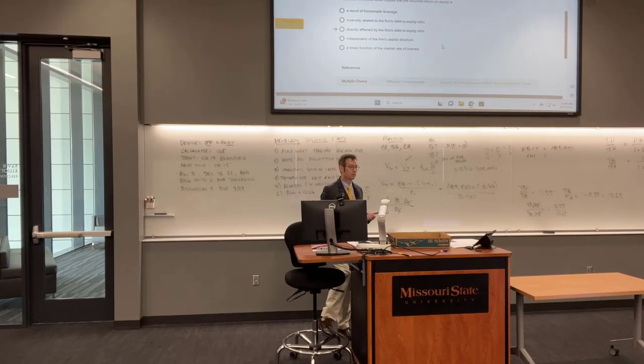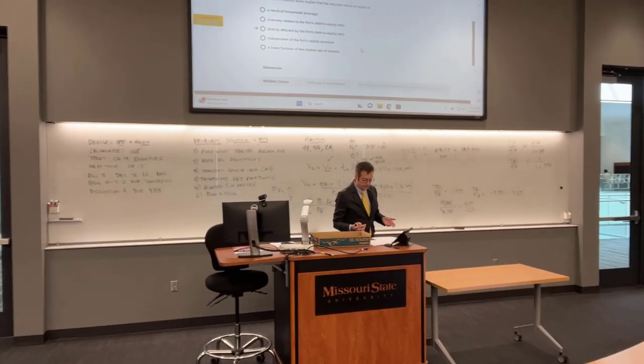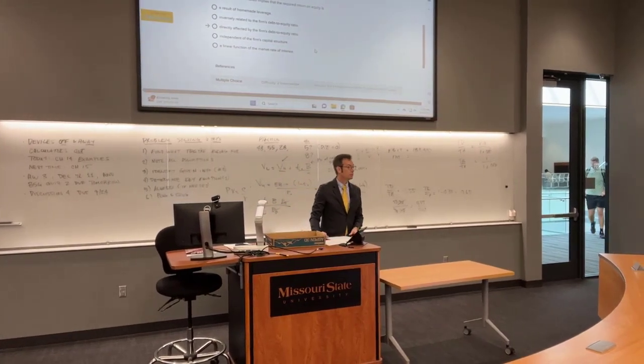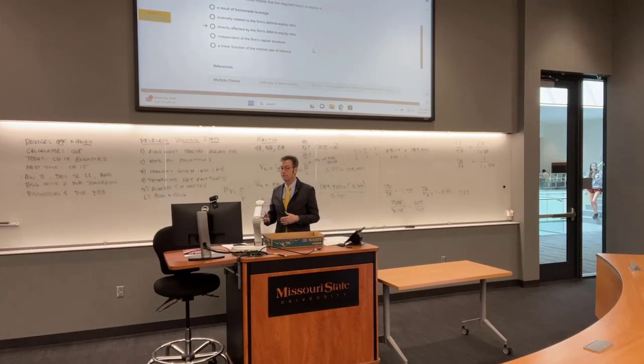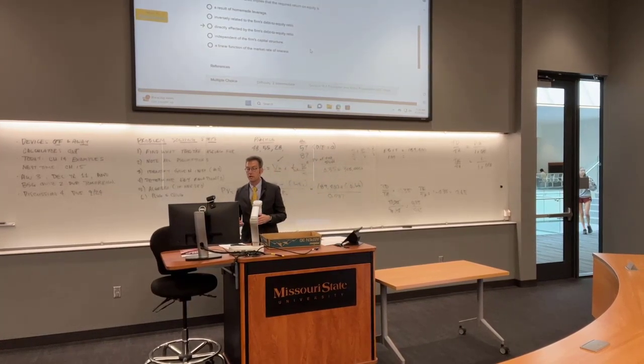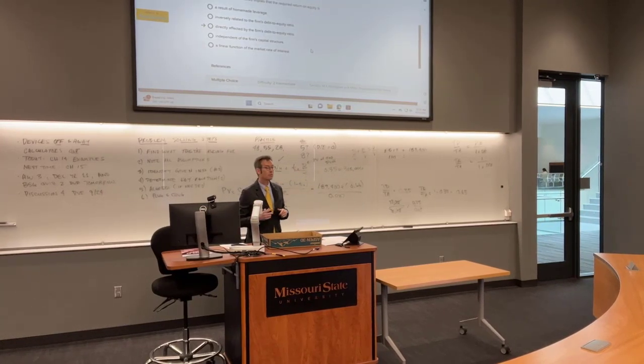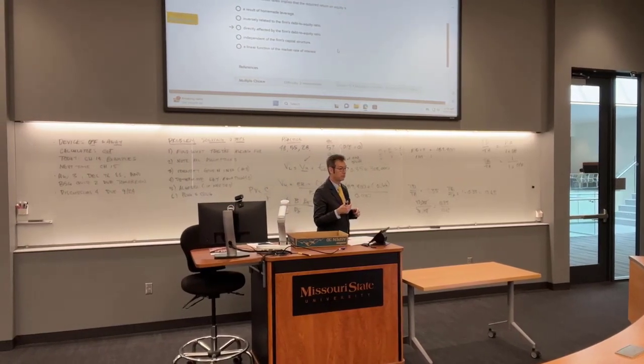I mean, one of the ways you can work this is to eliminate stuff, right? Inversely related to the firm's debt to equity ratio. Well, if you look at the formula, it says it's directly related.